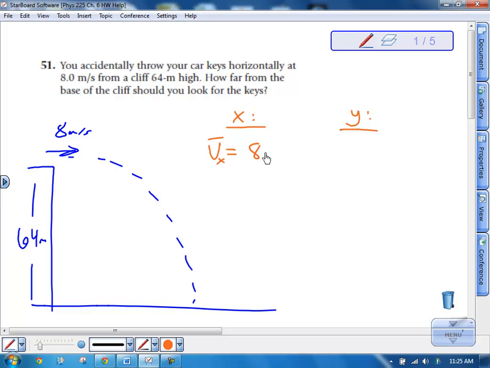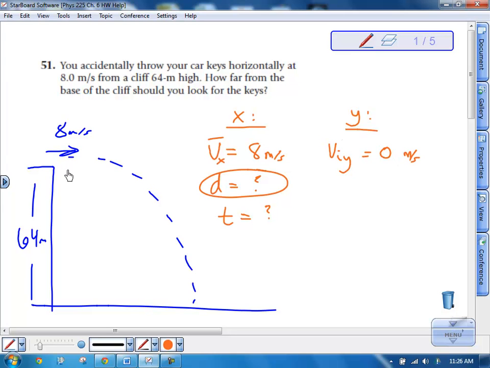So the initial speed in the X is 8 meters per second. The distance in the X, we don't know how far it's going to go in the X, so I'm going to call that question mark. That was what the question asked for, so maybe circle that because that's what you're looking for. Time, we don't know as well. So we're going to go to the Y information then. Initial velocity in the Y is 0 because it doesn't start off moving vertically at all.